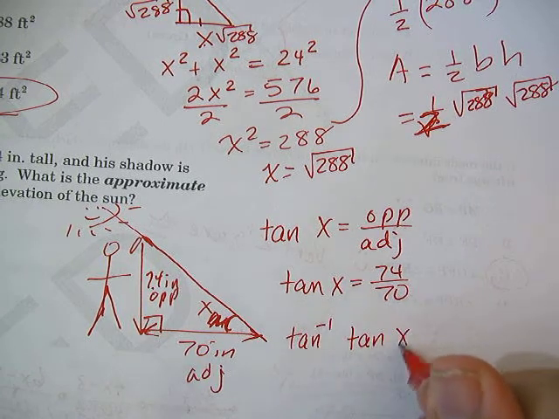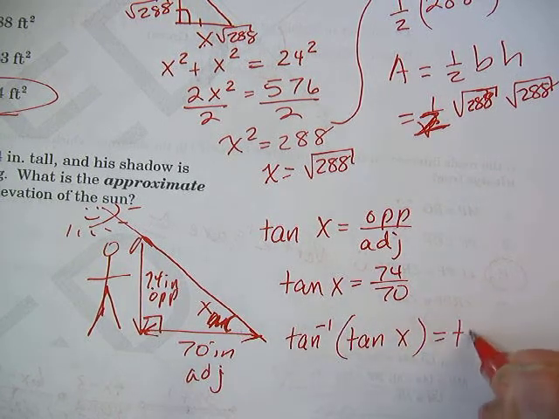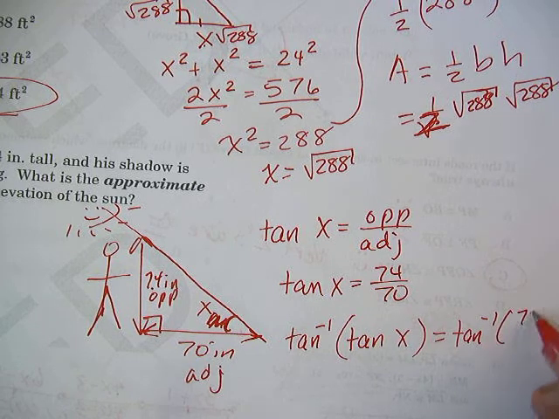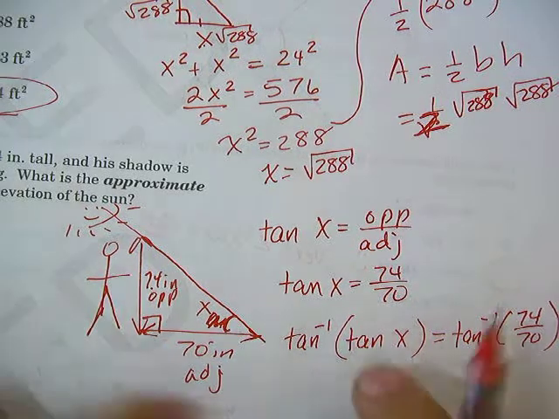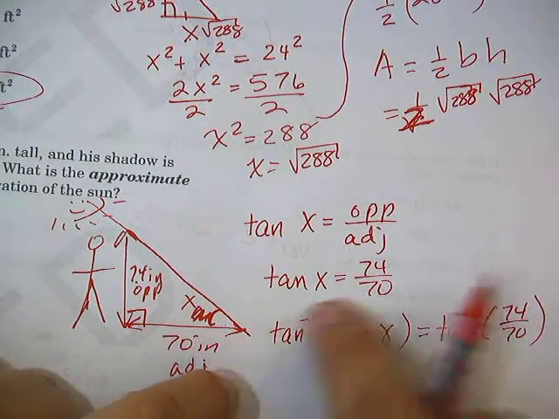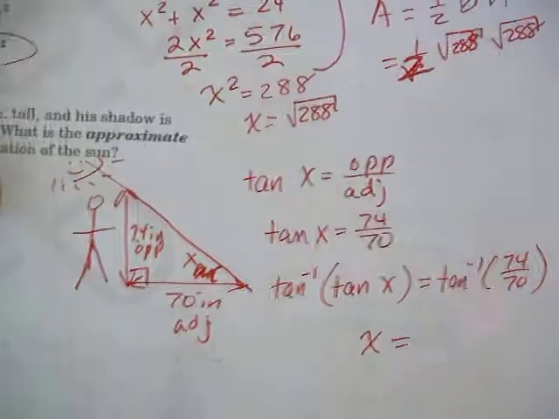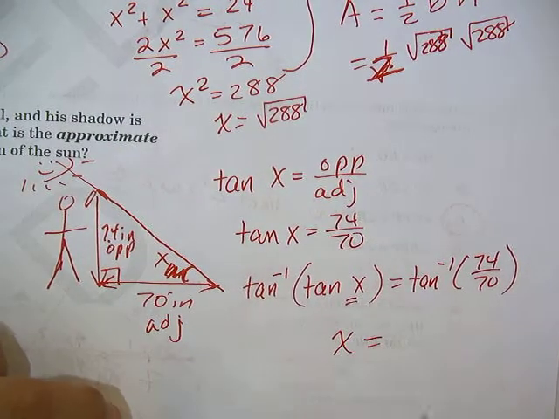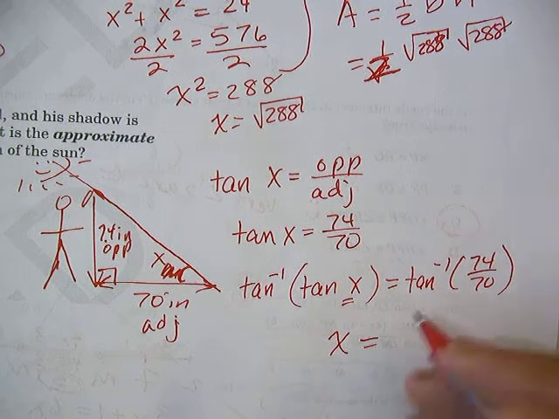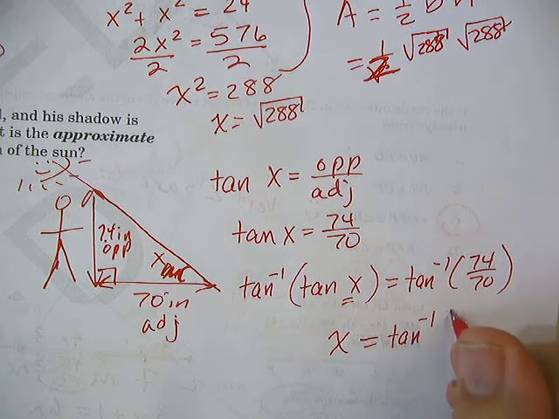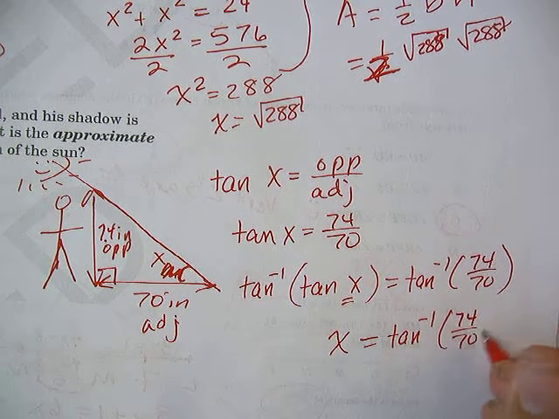Most of the time I cut straight to X, because when you do a function and then its opposite, the X pops out. So it's just inverse tangent of 74 over 70.